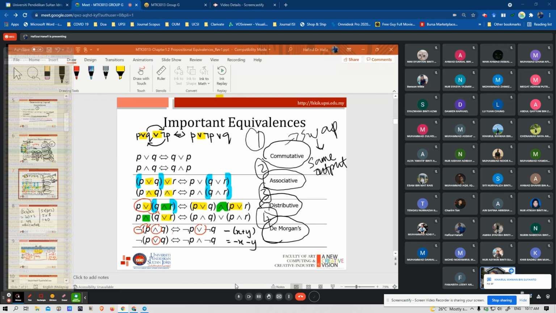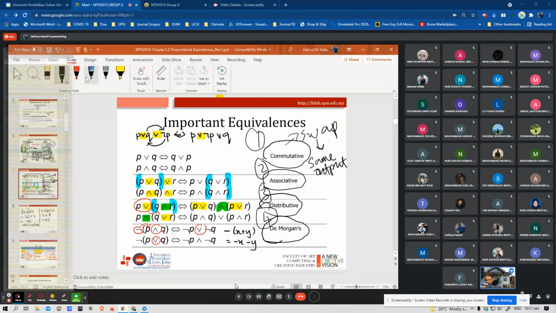Okay, and then we have distributive in mathematics. The law related to the operation of multiplication and addition is stated as A(B + C) equivalent to AB plus AC. Okay, we just open up the bracket for this one.